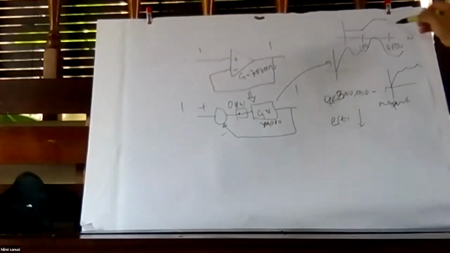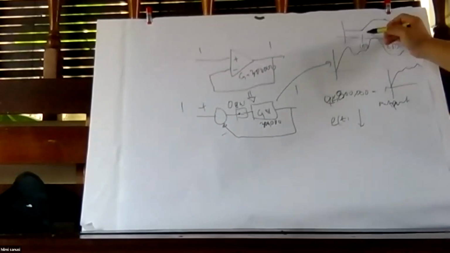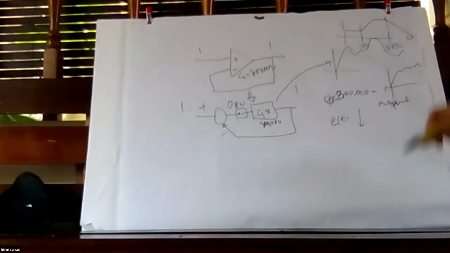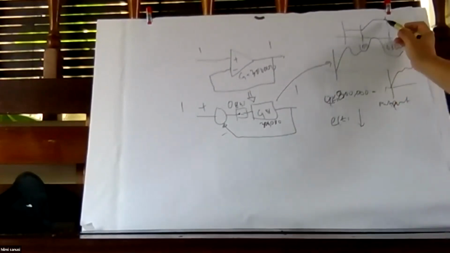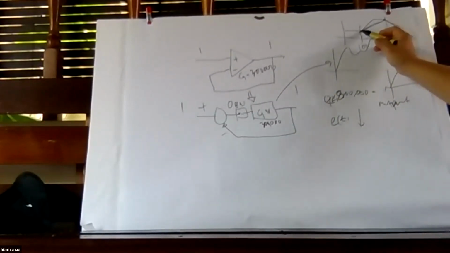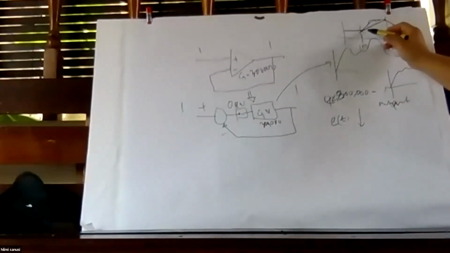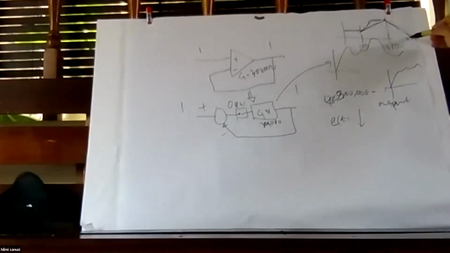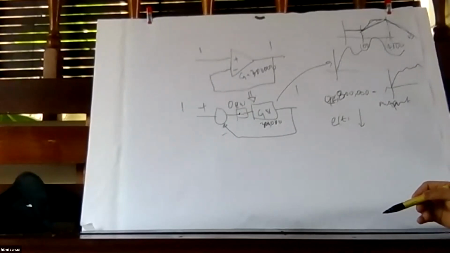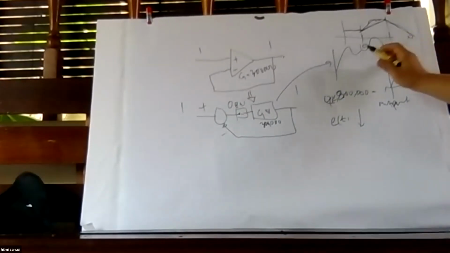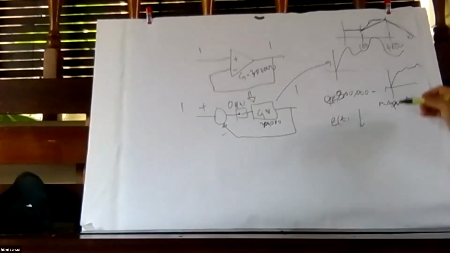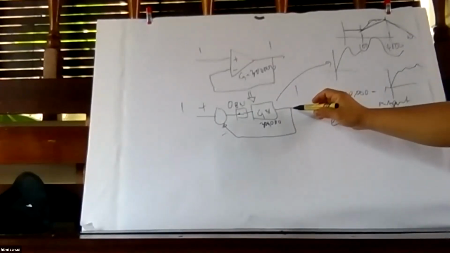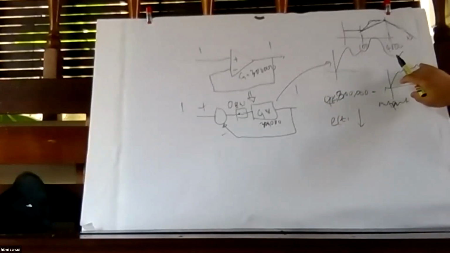So saya punya sistem something like this. Contoh. Let's say saya ada something like this. Ini 100, ini 400. And then saya punya output ni ada some kind of this.